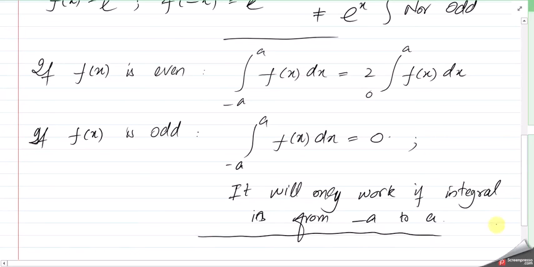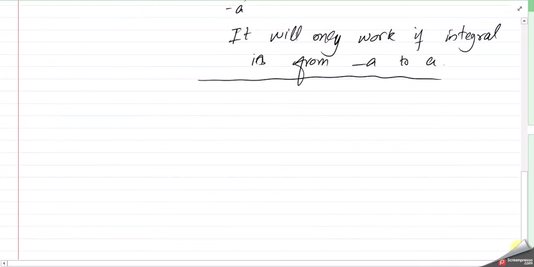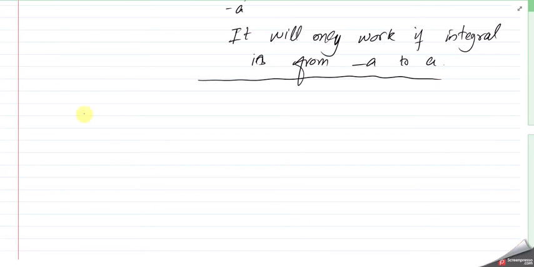It will not work from 0 to a. So if the function is odd and we are integrating from 0 to a, then we don't know. Then we have to integrate and find out whether it's 0 or not. Okay? So let's see a quick application of this thing. Sometimes it's very useful.